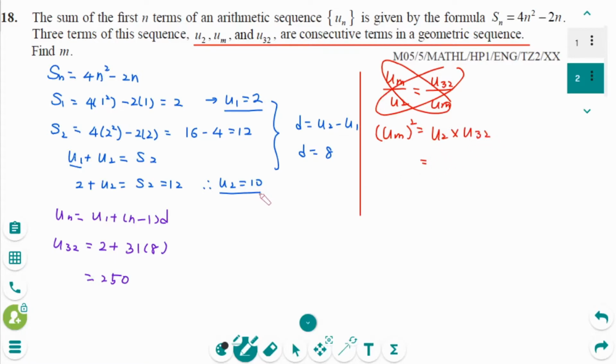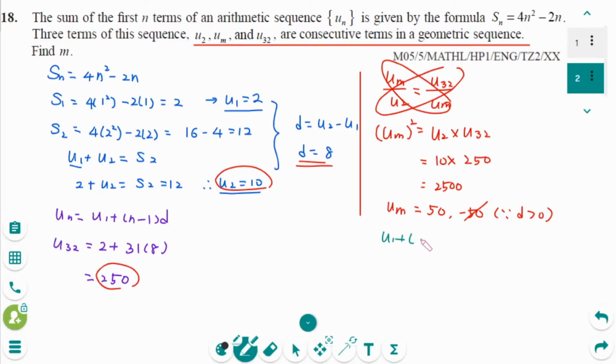U2 equals 10 times U32 equals 250 equals 2500. So Um equals 50 or minus 50. But minus 50 is not possible because D is positive.